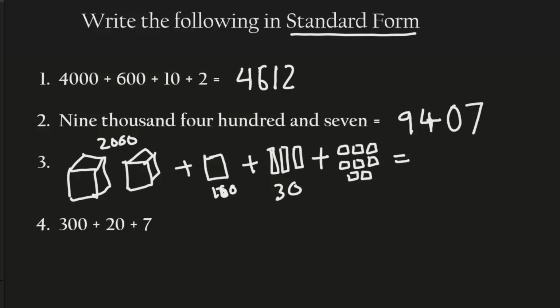And this finally is 8. Okay. So now we can just write these like it's in expanded form. So 2,000 plus 100 plus 30 plus 8. What would that be?